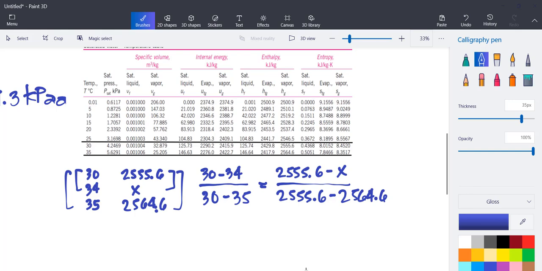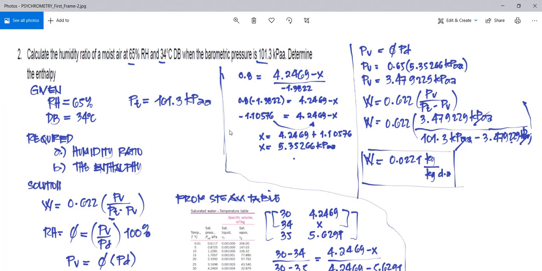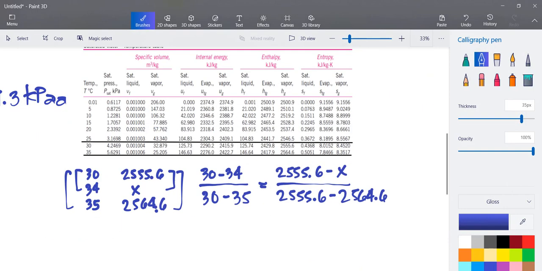So knowing, as we referred to earlier, the value of 0 is 0.8. So this is 0.8, the value. Now for the bottom, this will be 5.6 minus the x, then divided by the -9.